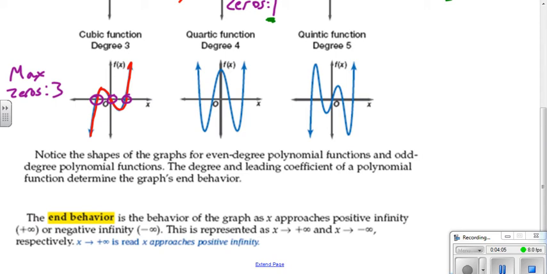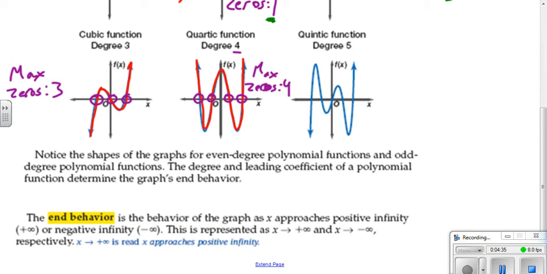Same thing with this quartic. I'm not going to explain it too much, but again, it has almost a triple parabola effect. It starts going one way, coming all the way down, goes back up, goes back down, and then back up. Zeros, 1, 2, 3, 4. So max zeros, 4 for degree 4.